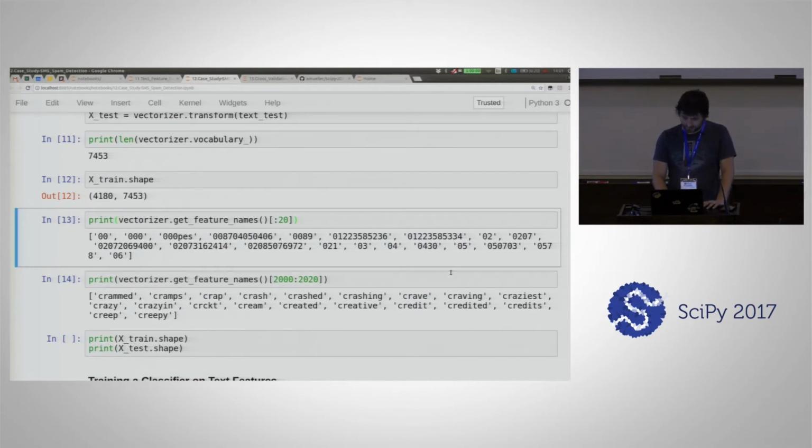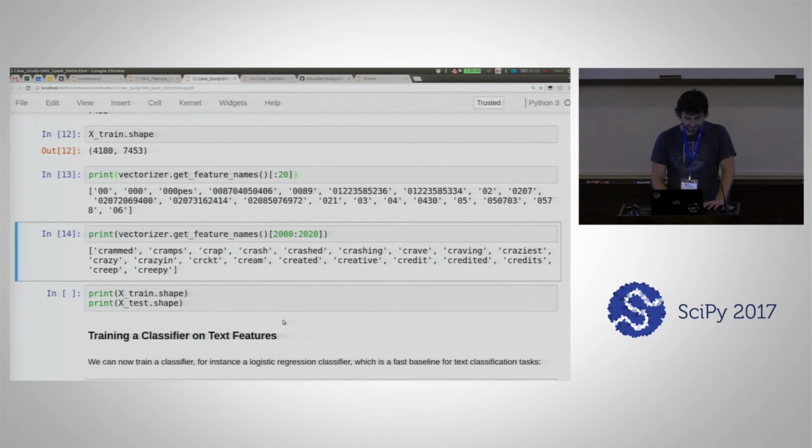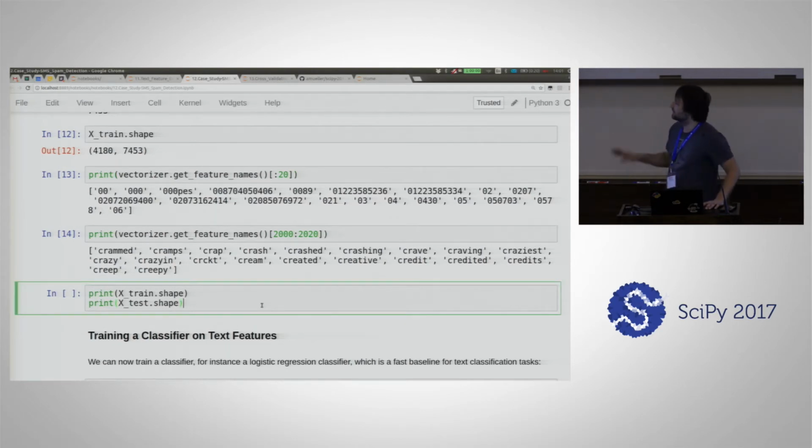I don't see any really obvious misspellings here. You see several forms of the same word: crash, crashed, crashing. I'm not sure what crazy-in is, but generally it looks like normal words.